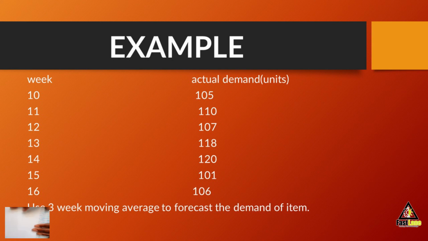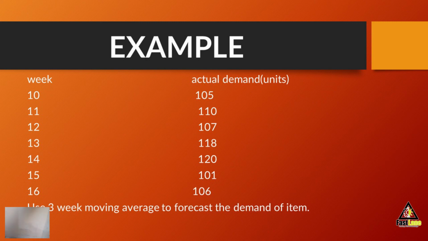The weeks we are given: week 10, week 11, week 12, week 13, week 14, week 15, and week 16. The actual demand for week 10 is 105, for week 11 is 110, week 12 107, week 13 is 118, week 14 is 120, week 15 is 101, and 106 for week 16.